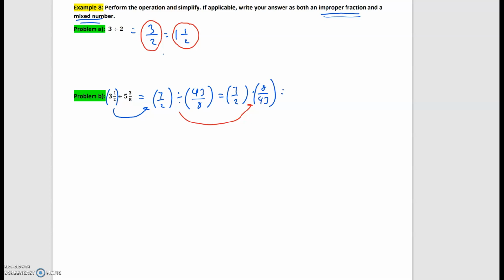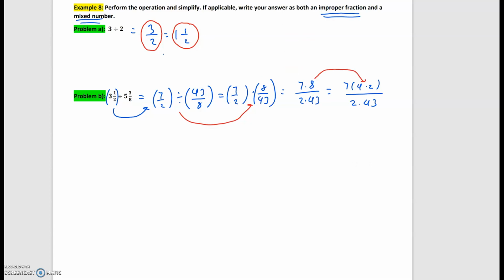And then let me multiply it and start canceling common factors. So this is going to be 7 on the top. On the numerator, we're going to have a 7 times 8 over a 2 times 43. And the 8, we can express it as 7 times 4 times 2 over 2 times 43. And once again, that's your 8.